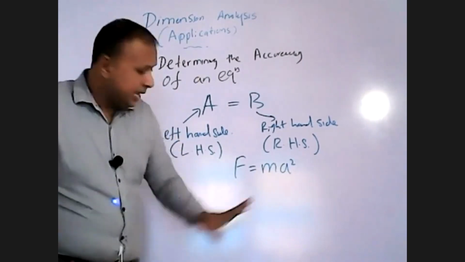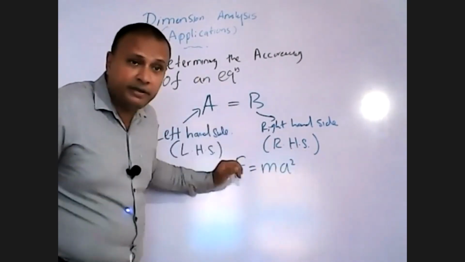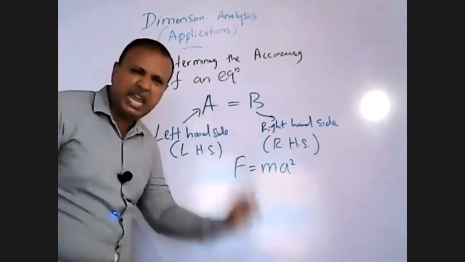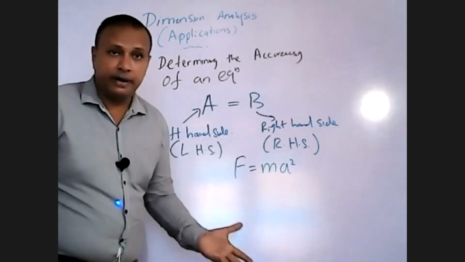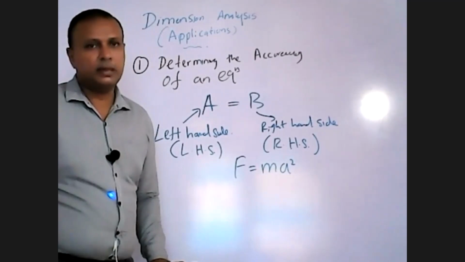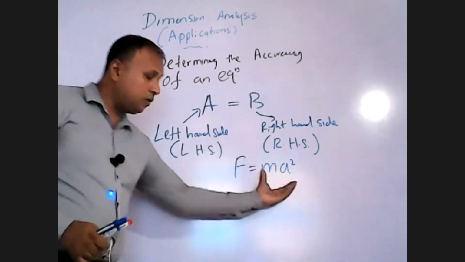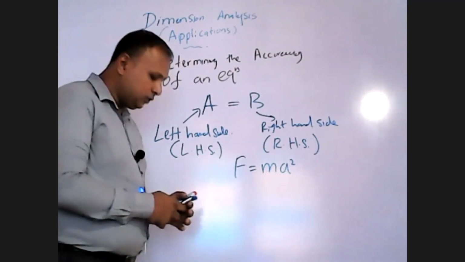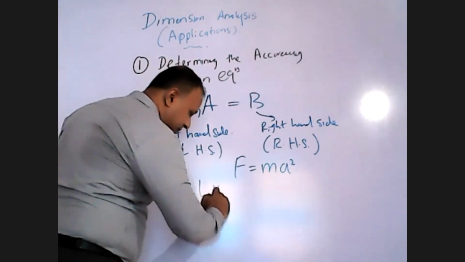If this equation is correct, the physical quantity represented by the left hand side should be the same physical quantity represented by the right hand side. So in such cases, we are going to determine the dimension of LHS.